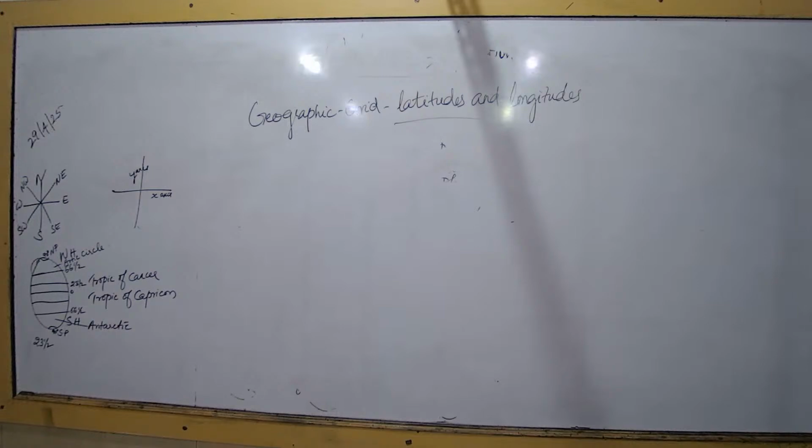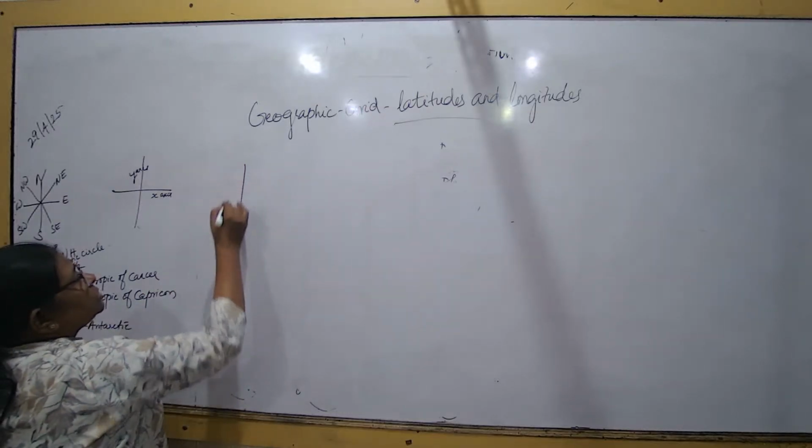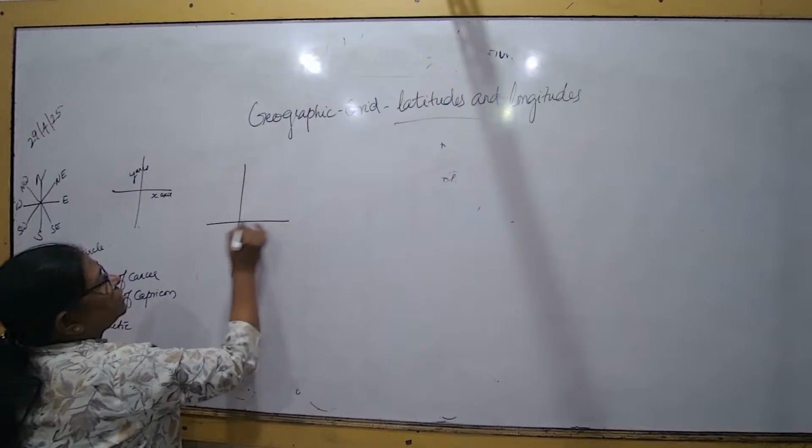The intersection of the latitudes and longitudes pinpoint any place on the earth. See, if we want to find out where Mumbai is situated, so we know that there are longitudes and there are latitudes.